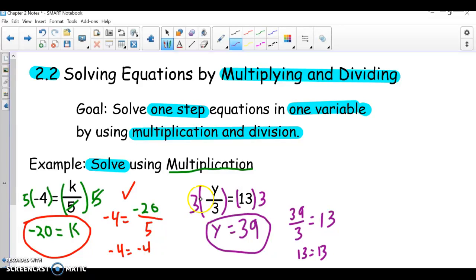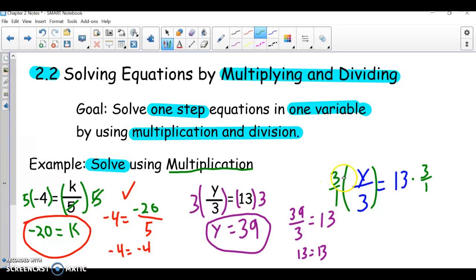And the reason this math works out for us is when we have y divided by 3 equals 13, and we multiply both sides by 3, we're really multiplying by 3 over 1 on both sides.